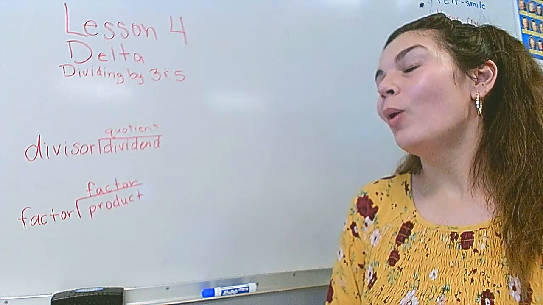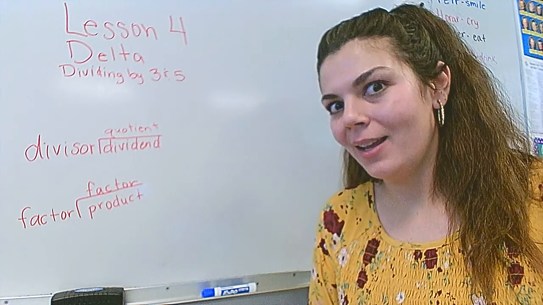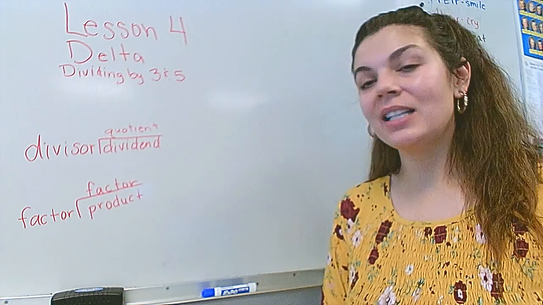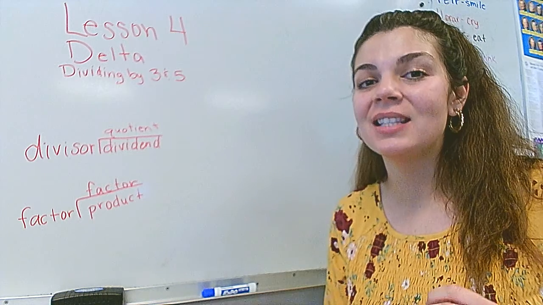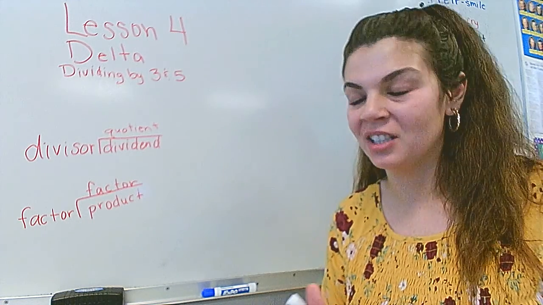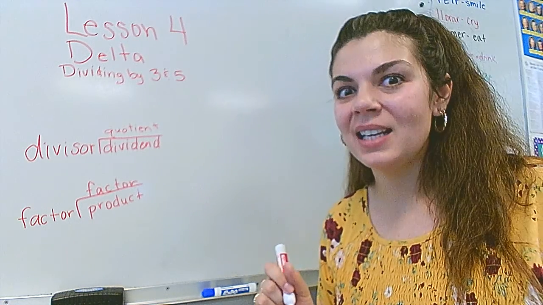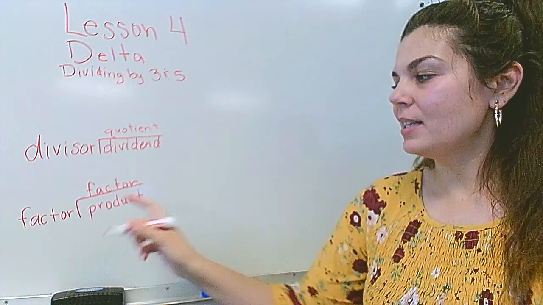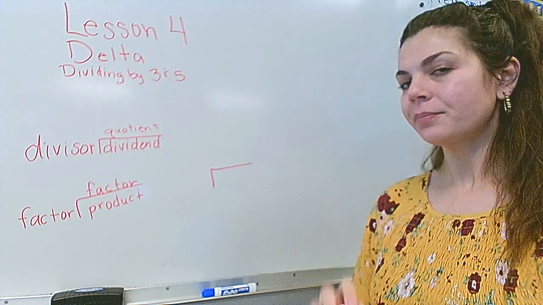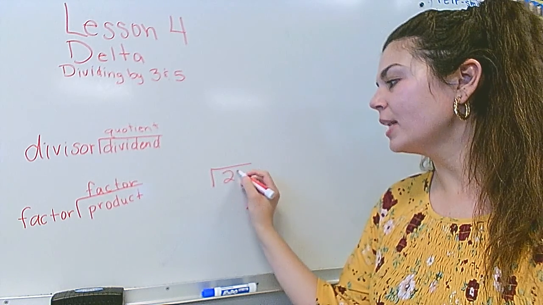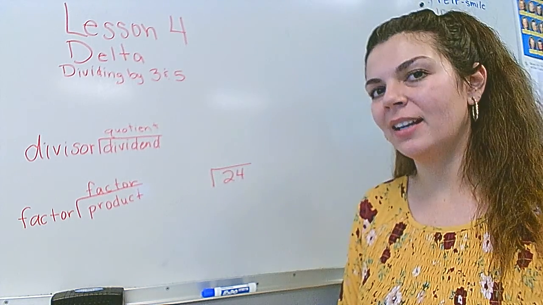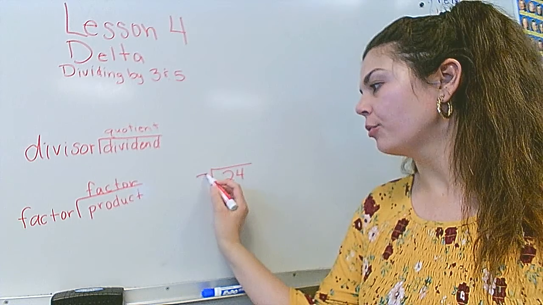All right, one reason why you really needed to know your multiplication so well is because multiplication is the opposite of division. So we have our division sign here. And if I had 24 right there and say I put a 3 here.